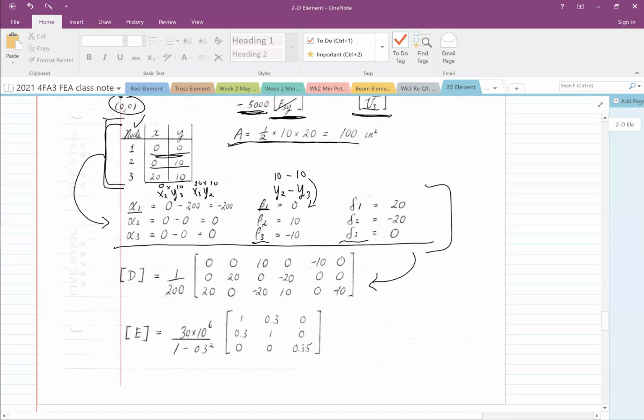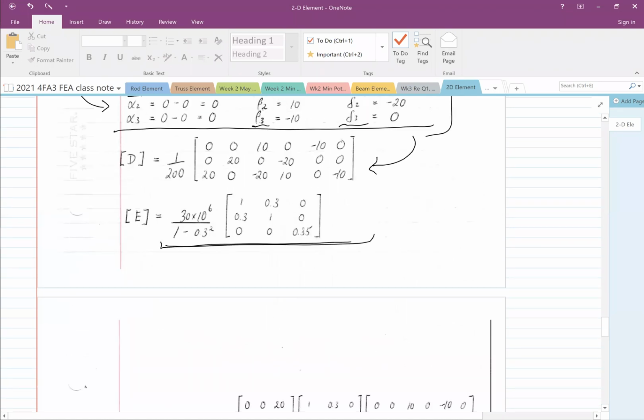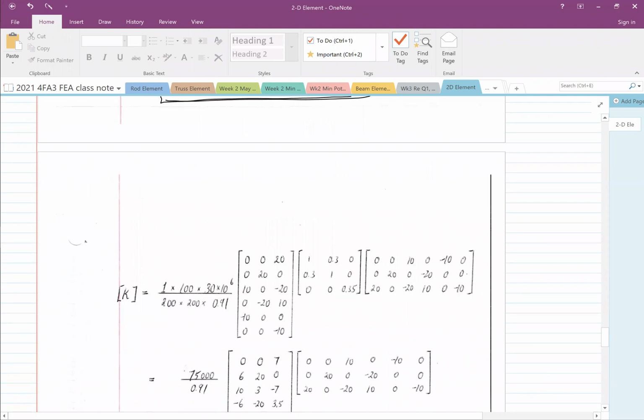And then with the elasticity matrix, you have a 6 by 3, 3 by 3, and then 3 by 6. This is the B matrix, the elasticity matrix, and the B matrix transpose.